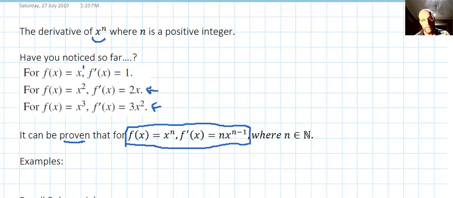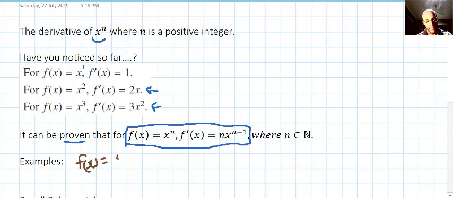But even having said that, we can deal with when n equals 0. Let's deal with that now. In fact, if we look at some examples, let's deal with the weirdest one first. So what's the derivative if f of x equals a constant?